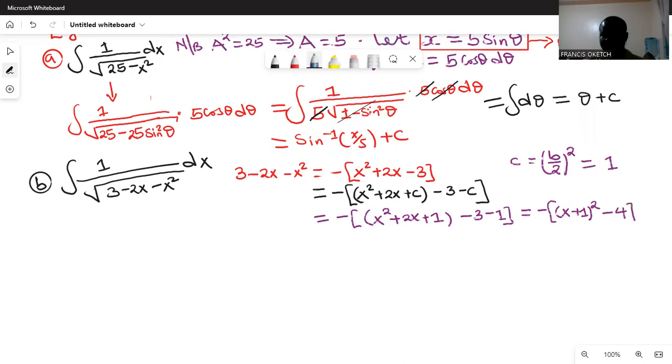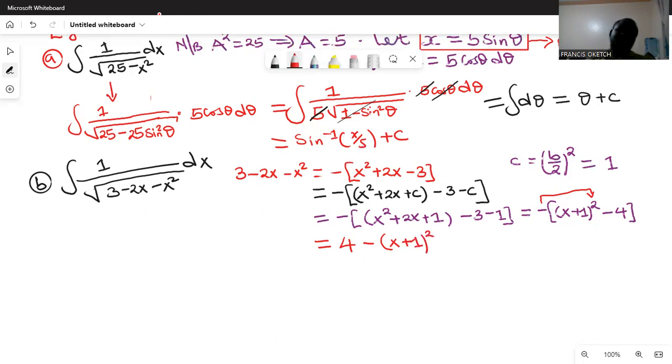And so if I open the bracket completely, finally we'll have this. It will now be equal to, I'm opening the bracket, taking the negative inside. So that means I'll be having positive 4 minus (x plus 1), and that is squared.